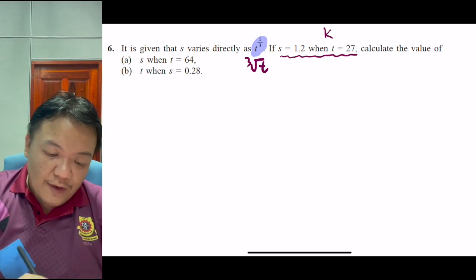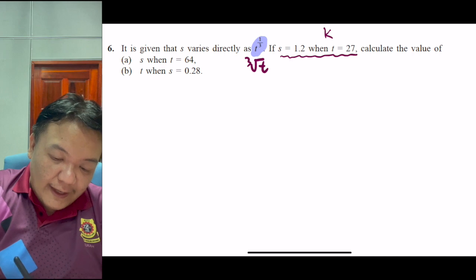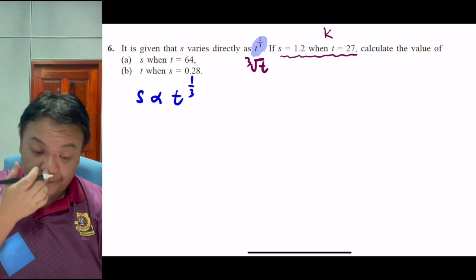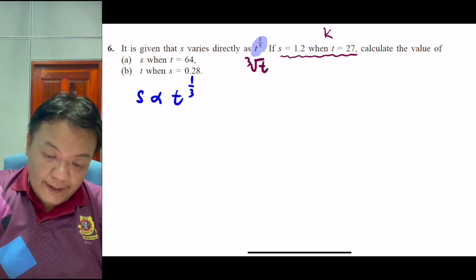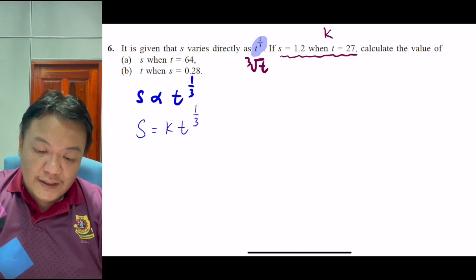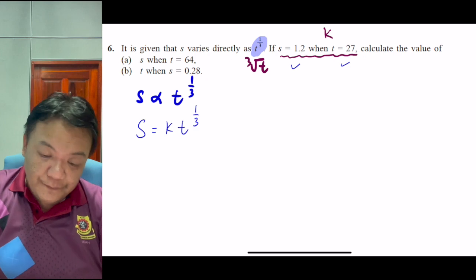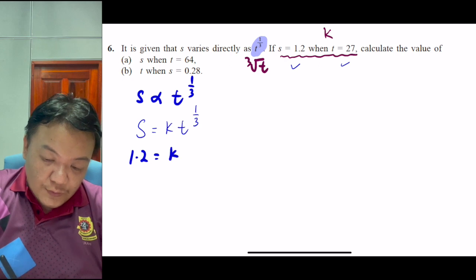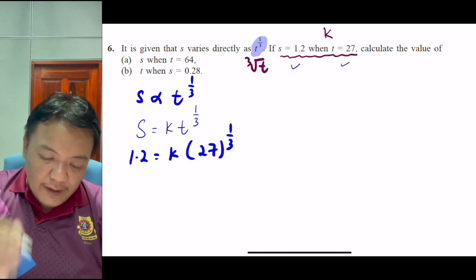Okay, we have s varies directly as t power of 1 over 3. So we have s is equals to k t power of 1 over 3. So substitute these two values. So you have 1.2 is equals to k times 27 power of 1 over 3.